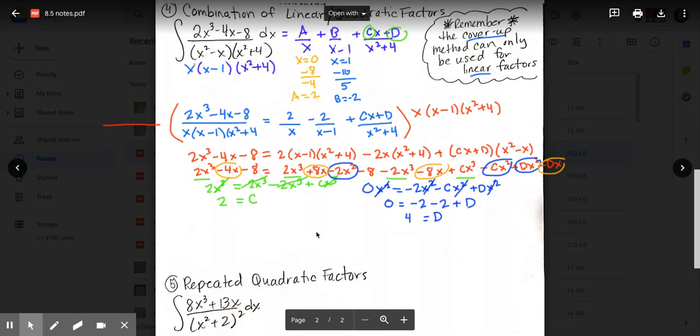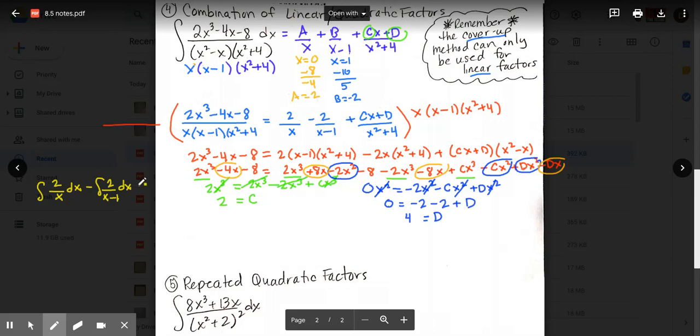Okay, so being that I have room, we're going to integrate A, which is 2, so 2 over x, and minus, I'm going to just pull the negative out right now, minus 2 over x minus 1.